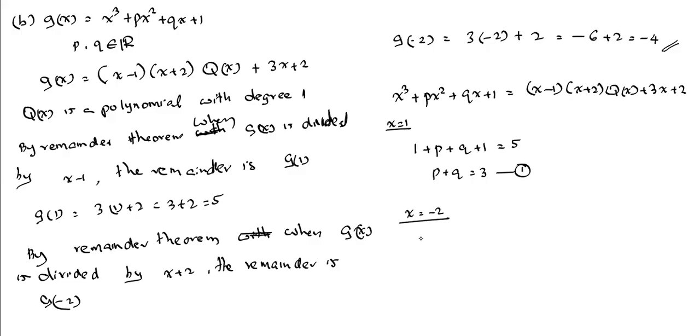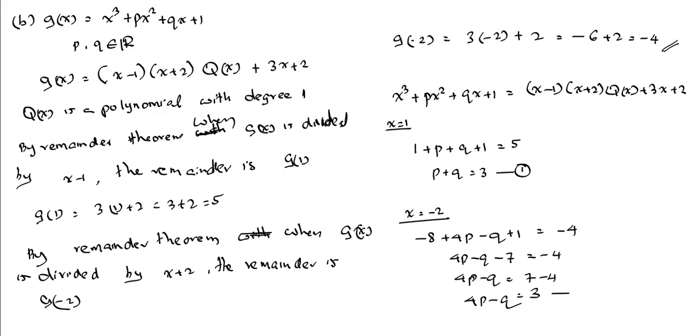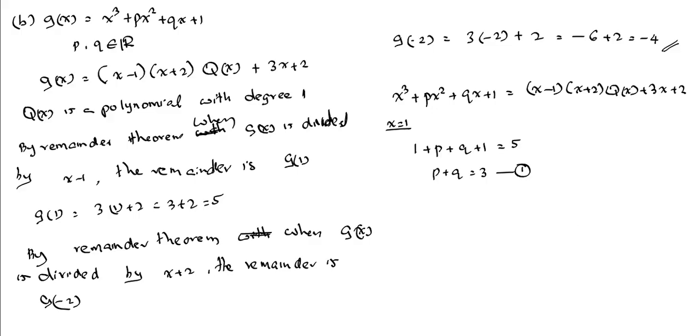You can substitute x equals minus 2. When x equals minus 2, we have minus 8 plus 4p minus 2q, okay, plus 1.